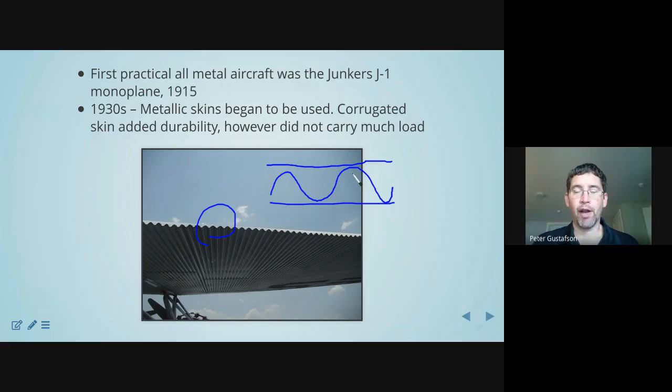We'll study the math of this later, but this allowed it to be stiffer against loads that were applied. So for one thing, point loads would not be as likely to damage the skin. And ultimately, it made it more stiff in bending. However, the skins were not designed to carry much load, so they were still at that point largely braced.